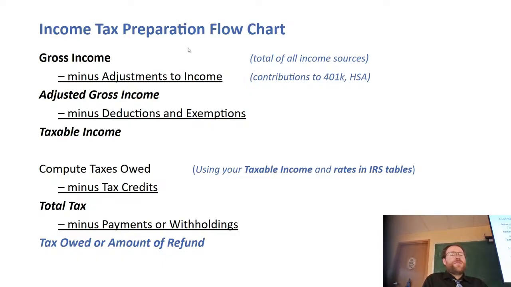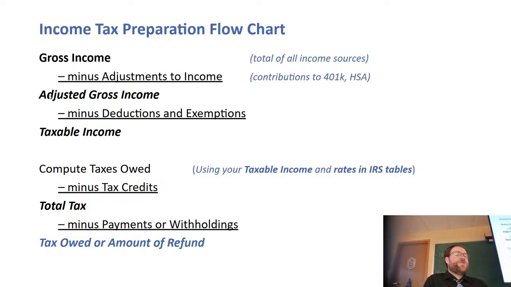You can take off certain things, particularly how much you contribute to a 401k or a retirement account, or an HSA, which is a health safety account. So there's a couple of minor adjustments there.